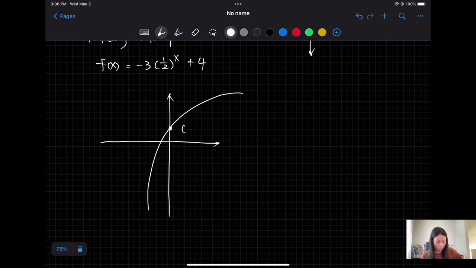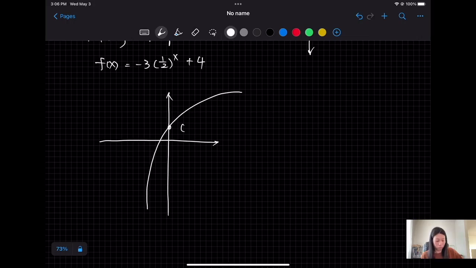And then we'll pass the point (1, 0). We use this transformation technique to draw the function.